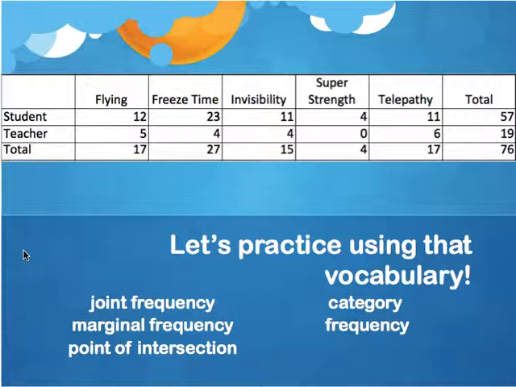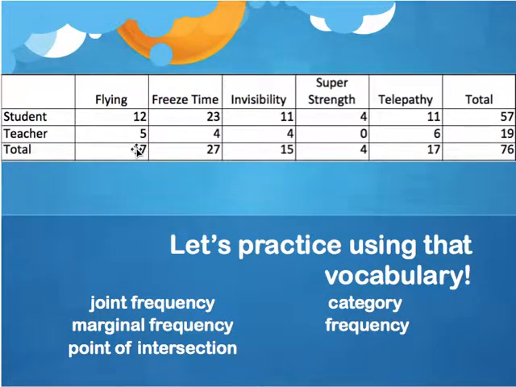Okay, so let's practice using some of that vocabulary. If we want to look at our joint frequencies, I can tell you that this is a joint frequency because it's an intersection between flying and students. I can tell you that this cell right here is a joint frequency because it's an intersection between invisibility and students.